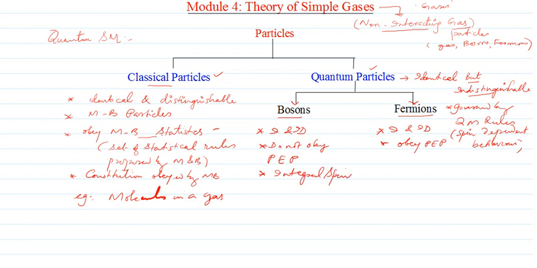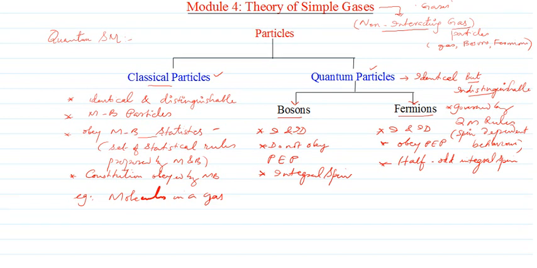Bosons have integral spin, whereas the fermions are characterized by half odd integral spin, or half spin, we can just call that. It can be 1/2, 3/2, or 5/2, all in units of h cross. So the spin is integral for bosons, and the other one is for half odd integral spin.